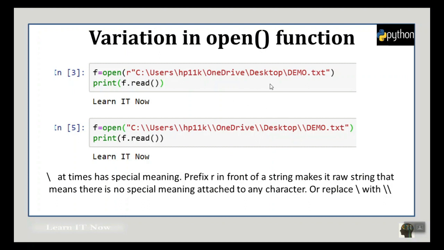That means no special character is attached. So at times when we give this colon and backslash, it thinks it is a special character, but actually it is the path. So if we want that these special characters should not be read as some other meaningful characters, we need to write R, that is, a raw string, or we need to give double backslash.